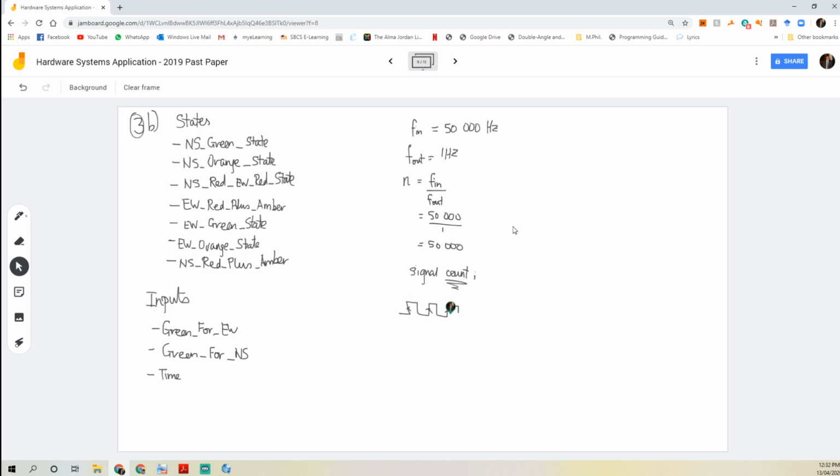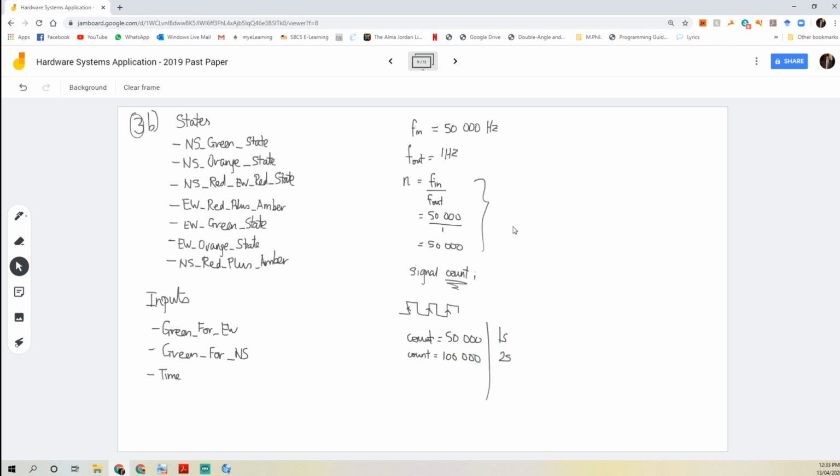right? Now, based on these calculations above, what that means is that every 50,000 rising edges of the clock signal, 1 second would have passed. So when count is equal to 50,000, 1 second has passed. When count is equal to 100,000, 2 seconds have passed.